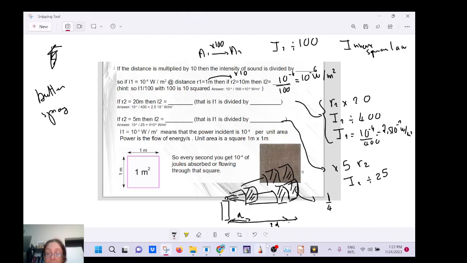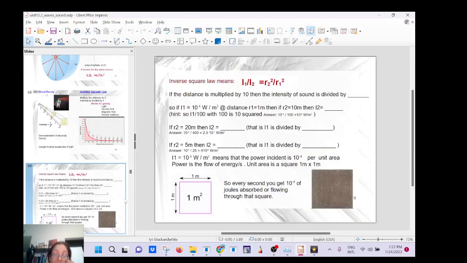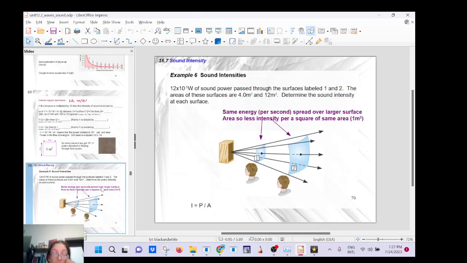I don't have my calculator, so that means I2 is going to be 10 to the negative 4 divided by 25, and the unit will be watts per meter square. So those are typical conceptual questions that you can get on the inverse square law. It's very easy to have conceptual questions for AP Physics or the MCAT.